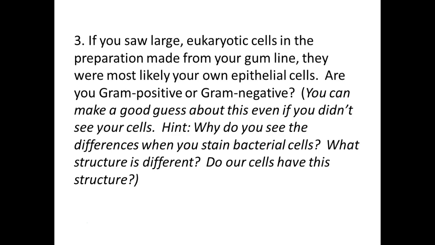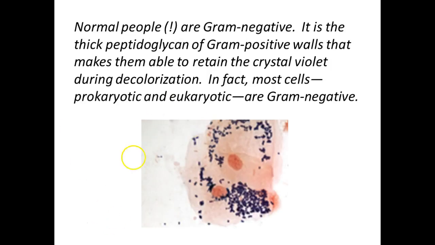So it gets washed out, and our cells will be pink or reddish. In this picture, that's a cheek cell, the big pink one, and the nucleus, which we know eukaryotes have, is colored. These little purple things are gram-positive bacteria. So all of our cells would come out gram-negative if you were to gram stain them.